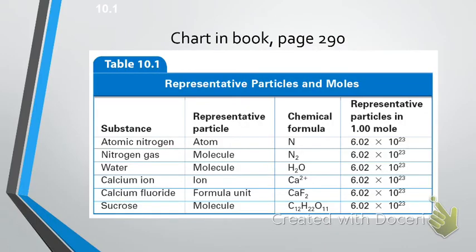This chart is in your book. It shows us that no matter what type of particle you have, atom, molecule, ion, formula unit, the number of representative particles in a mole of substance is always 6.02 times 10 to the 23rd.